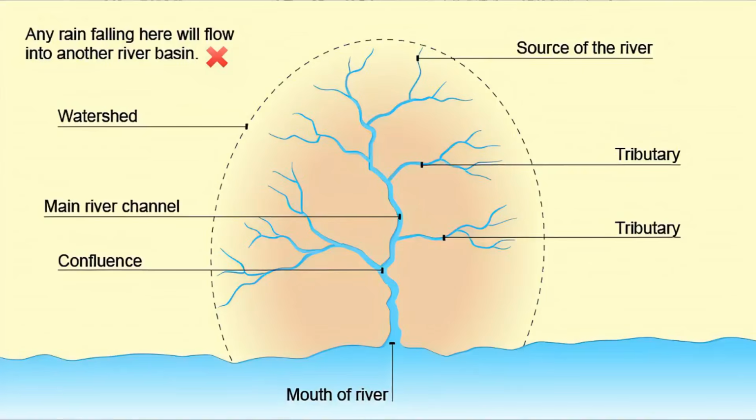So an interfluve is a highland area inside a drainage basin, between two tributaries in a drainage basin. So you can always find an interfluve in between two tributaries. Yes, it's the one that divides two tributaries.